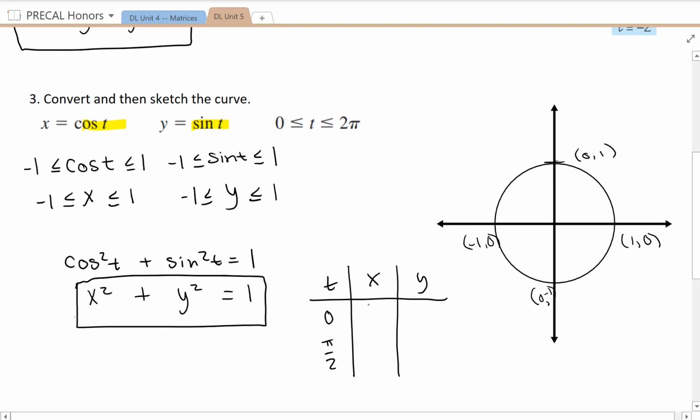Cosine of 0 is 1, sine of 0 is 0, cosine of pi halves is 0, sine of pi halves is 1. So the trace, or the particle motion along the curve, starts at (1, 0) and then goes to (0, 1). So which direction are we going in? We are going counterclockwise.